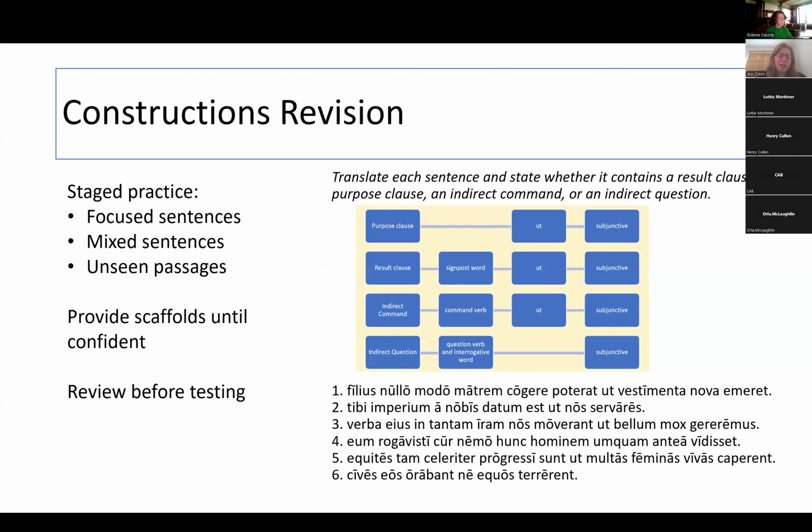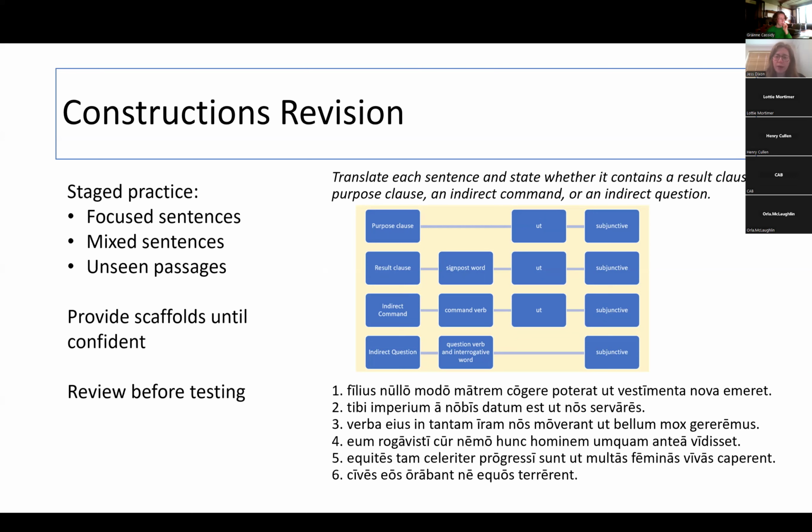So stage practice. So might first of all do some focused sentences as revision. So going through and reminding them what the different constructions are, doing individual, so a couple of sentences on purpose clauses, a couple of sentences of result clauses, but then mixing the sentences up. And again, using this graphic organizer of kind of breaking down the different constructions and how they differ to each other.